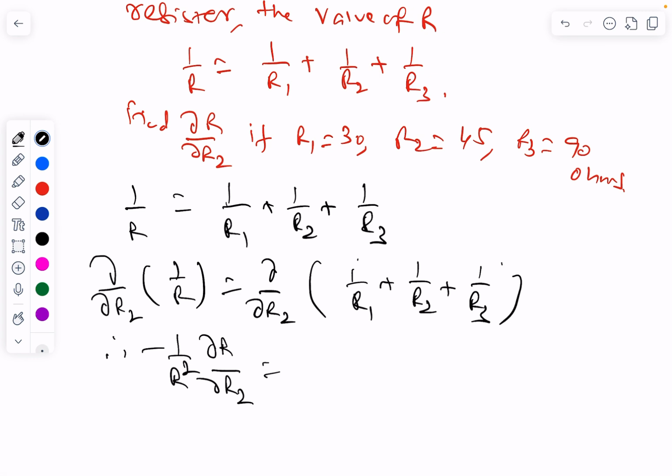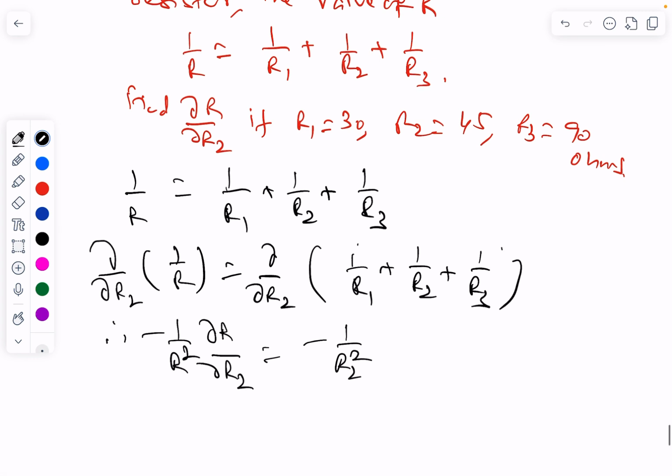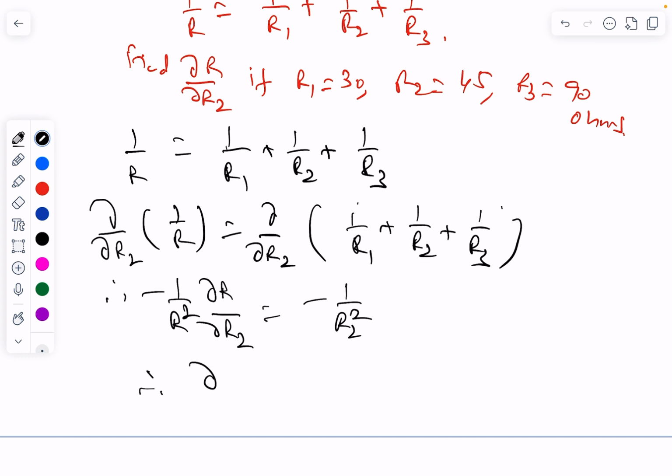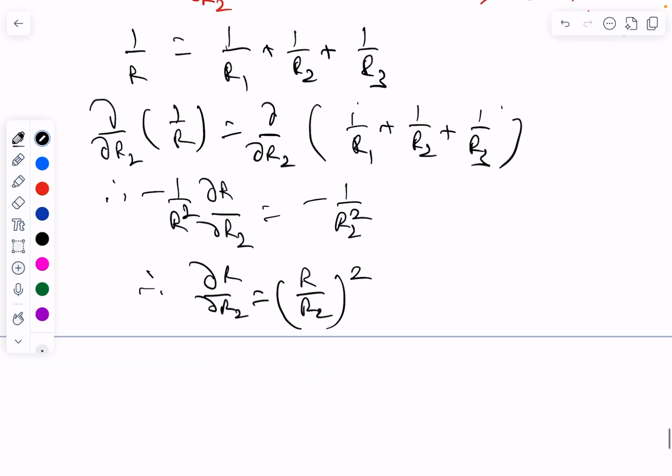Here R1 and R3 are constant, so the right side is minus 1 upon R2 square. So del R by del R2 equal to R square by R2 square.